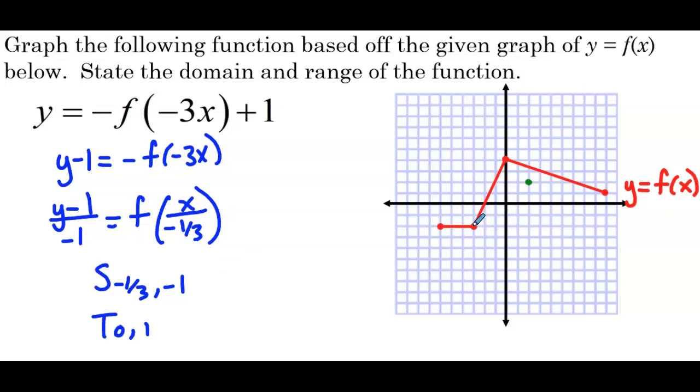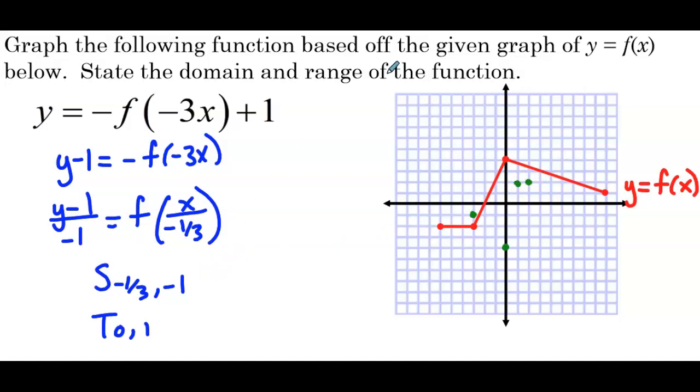So multiply by negative 1/3, negative 1, that's going to become positive 1, positive 2. 0, 4, that's going to become 0, negative 4. And then 9, 1 is going to become negative 3, negative 1. Okay, so I can connect those, but those are the points that have been scaled.